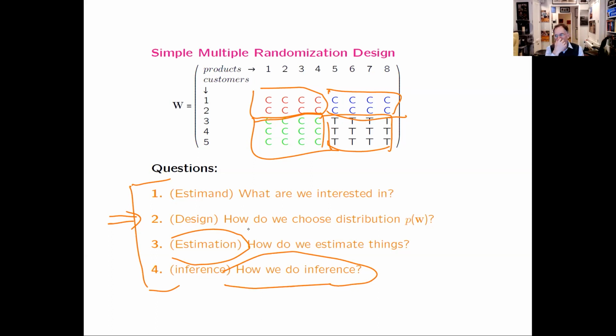For each of these groups, we can estimate the average outcome because of the randomization that's going to be representative of what we would see if any unit was in that treatment group. All these averages are going to be double averages over both customers and products, but we can figure out what the randomization-based variance is for all of these averages. And so that allows us to directly do the inference for the average outcomes in any of these groups.